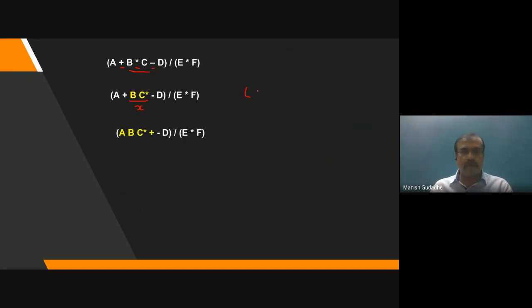Now what will this become? A plus x minus d. This is what we need to solve. Okay, the rest of the things will be as they are. E in F. Okay. Now how will it be converted? A x plus, minus d. This remains as it is.